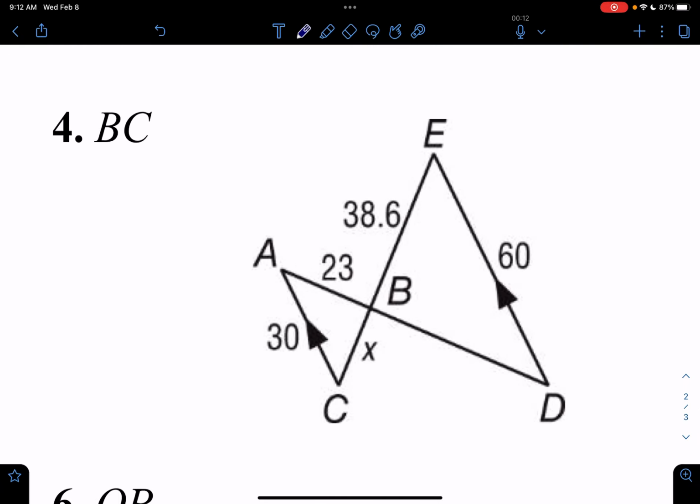Okay, so what do I remember? I remember that if I have parallel lines and then I have a transversal, I will end up with an angle over here congruent to an angle right there.